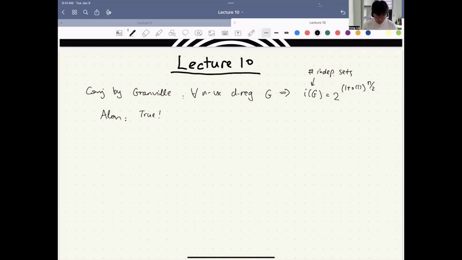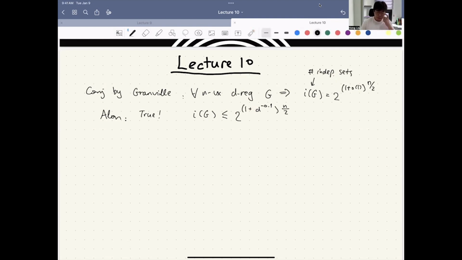So what he proved is that I(G) is at most 2 to the (1 plus the error term, something like d to the negative 0.1) times n over 2. There might be some constant here.